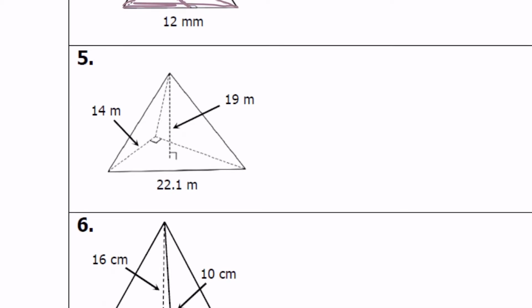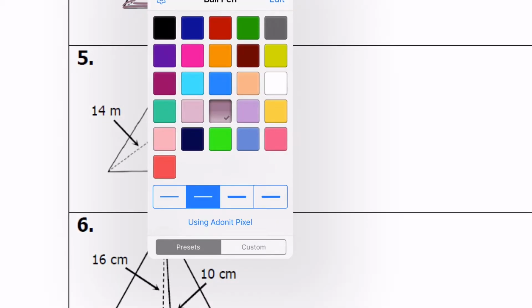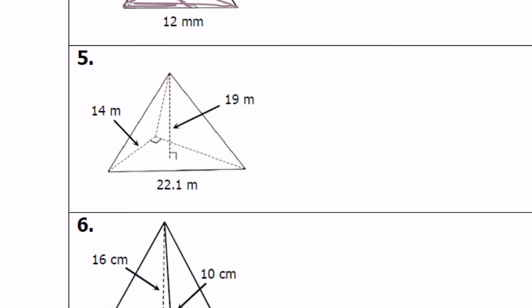If you look at number 5, notice how here's your base triangle. There's your base triangle. Okay. In order to find the area of that base triangle, we need the height. Here's my right angle. My height is not given to me.